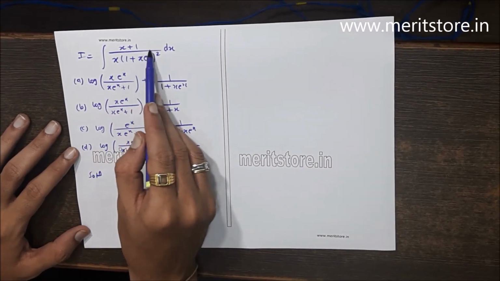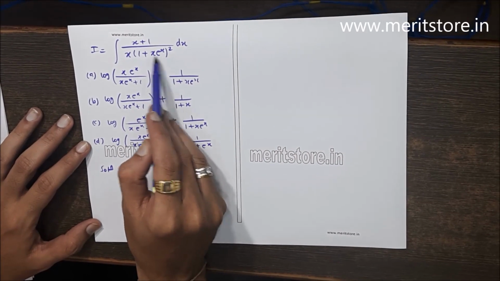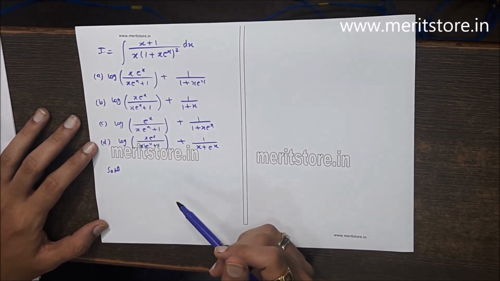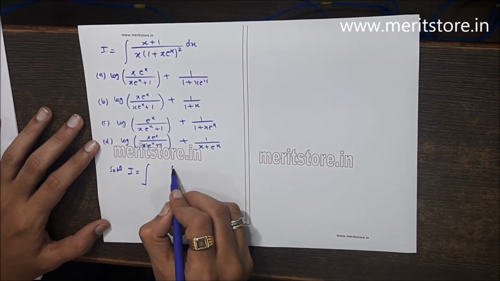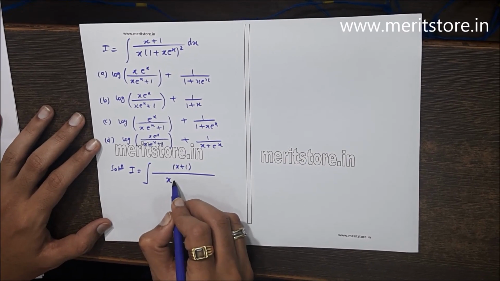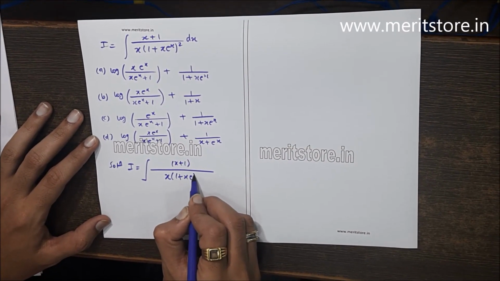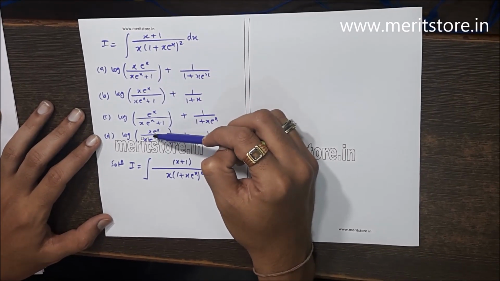Integral of x plus 1 upon x, inside the brackets 1 plus x e raised to x, the whole square, dx. Now, when I'm simplifying this term, I would like you to take a quick look at all the options which we have.